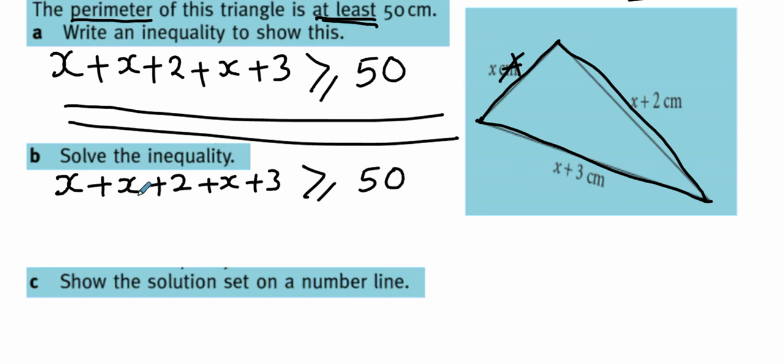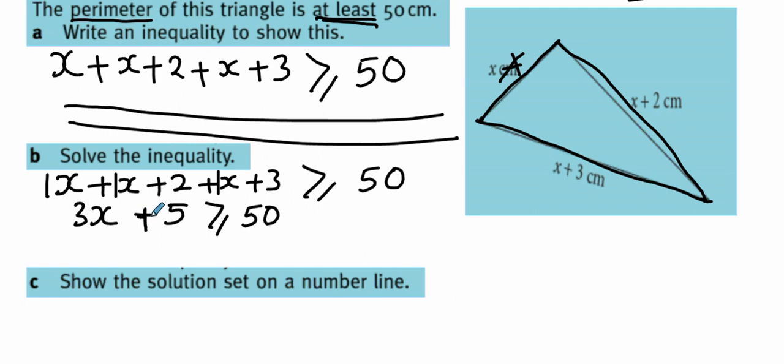That means we need to collect like terms. We have 1x, 1x, and 1x, so 1x plus 1x plus 1x will be 3x. Now we have the numbers without the letter: positive 2 plus 3 will be positive 5. It's greater than or equal to 50.